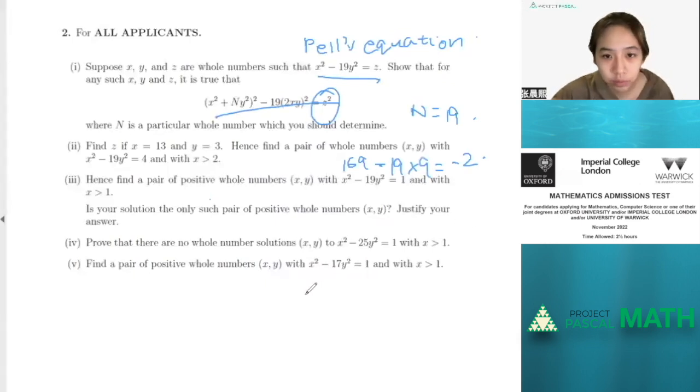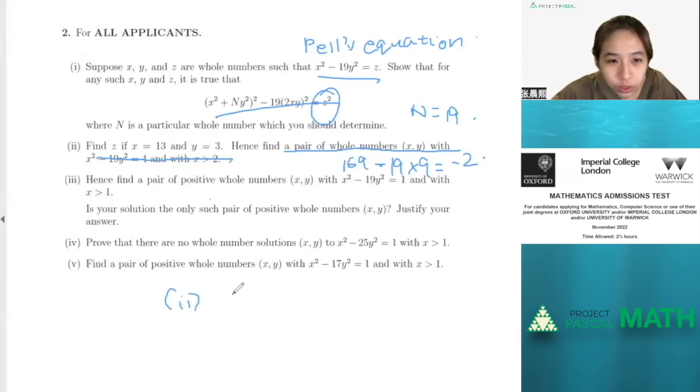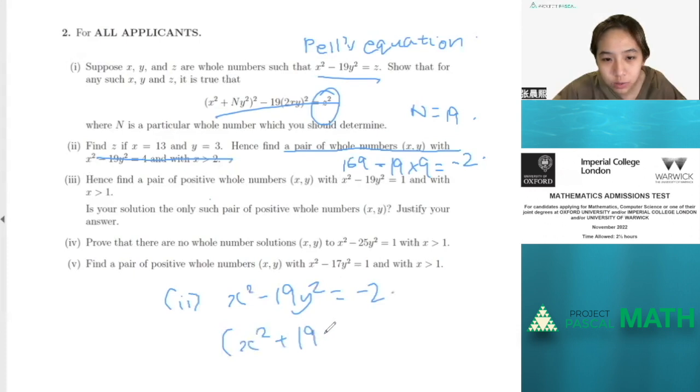And so here you have: find a pair of whole numbers x, y with this thing true and x greater than 2. So here you have x squared minus 19y squared equals -2. And so (x squared plus 19y squared) squared minus 19(2xy) squared equals 4.